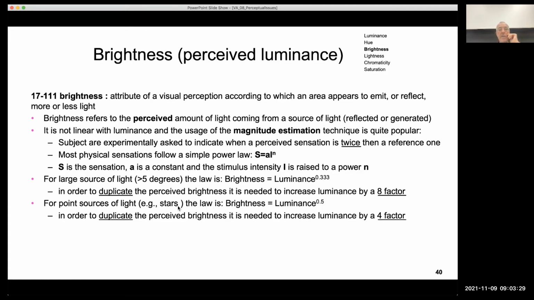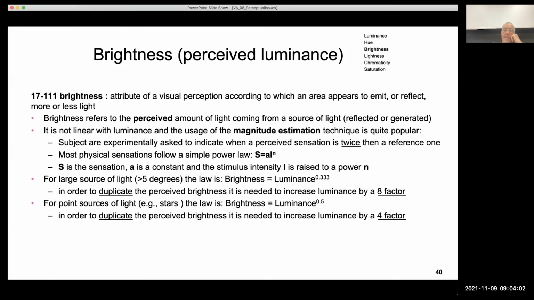Instead, if the source of light is very little, a point, like a star in the sky, the brightness is the luminance raised to 0.5, square root. It's a different logarithmic behavior. In that case, to double the perceived brightness, you need to increase the luminance by 4.